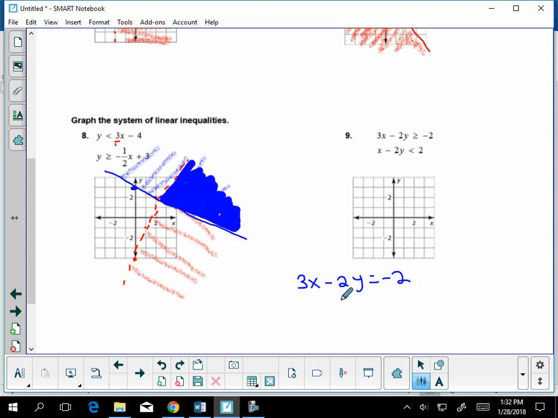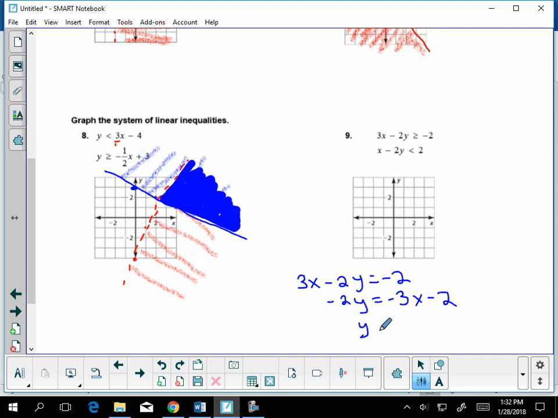I'm going to subtract 3x from both sides. And now I'm going to divide by -2. And each term needs to be divided by -2. I'm going to kind of do this more mentally in my head. But if you need to write the steps out of showing the division, go ahead.